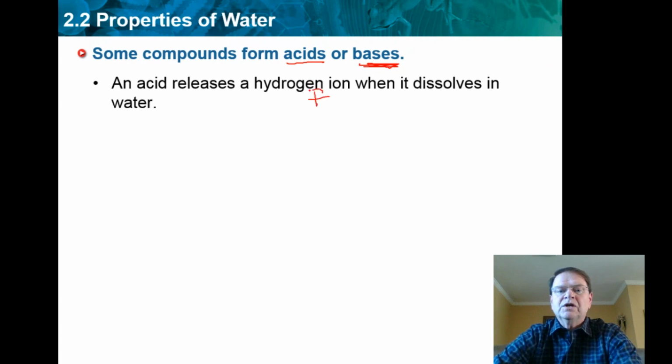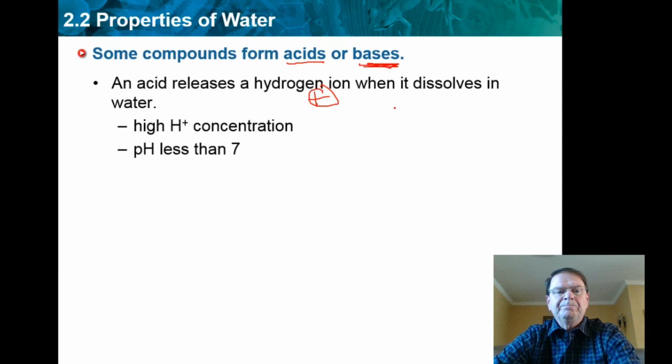Positive charge for all the hydrogen ions, and as they dissolve, they're going to increase the concentration there. They're going to make something more acidic. So whenever you have something with a lot of hydrogen ions floating around, that's going to be an acid, and there are particular characteristics of those.